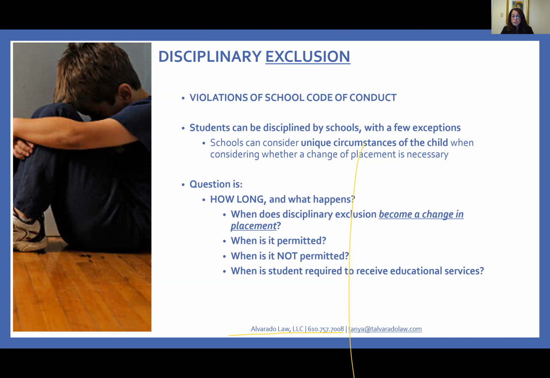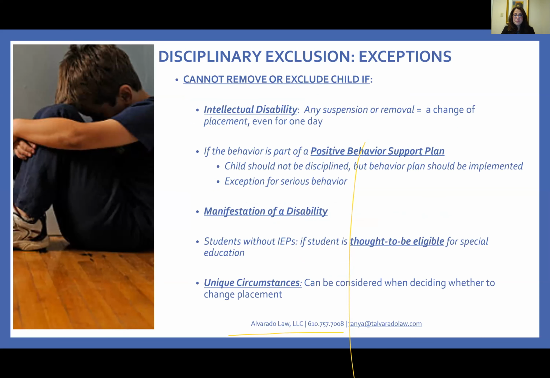Once you exceed these timeframes, we're talking about time limits and what happens before this time limit, what happens after that time limit, when can your child have access to educational services again? So it's going to become a little bit clearer as we go on, but okay, these are the exceptions.